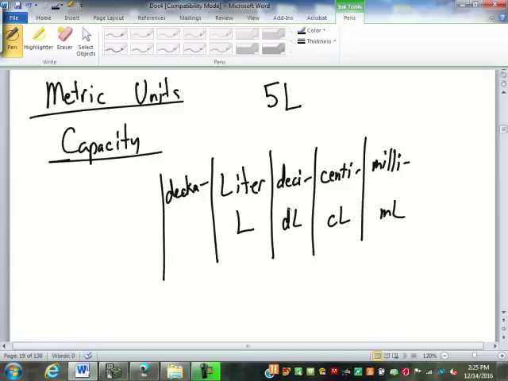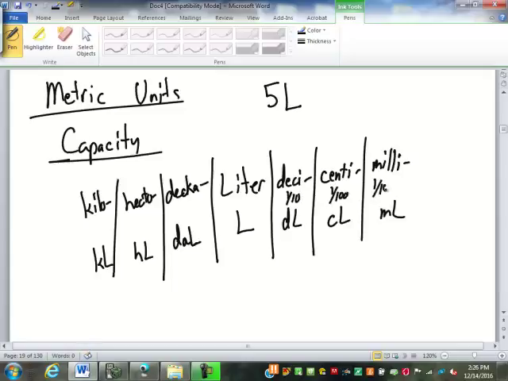We already had DL for deciliter, so they used DAL for decaliter. Hecto, which meant 100, of course. That's HL. And kilo, which is again 1,000, so that's KL for kiloliters. And yes, this is still 1/10, 1/100, 1/1000. This is still 10, 100, and 1,000.